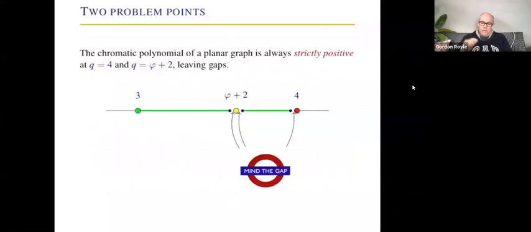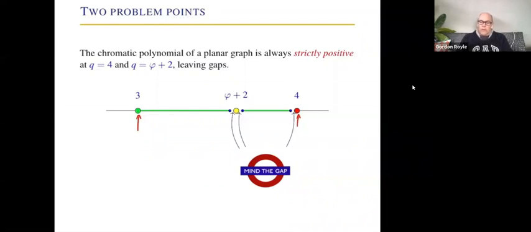Right. So let's look at 3 to 4 then. So 3, 5 plus 2, and 4 are sort of special points. Well, first of all, the chromatic polynomial of a planar graph is always positive at 4. That's the 4-color theorem. And that means that the Perrott-Thomason technique won't work here.